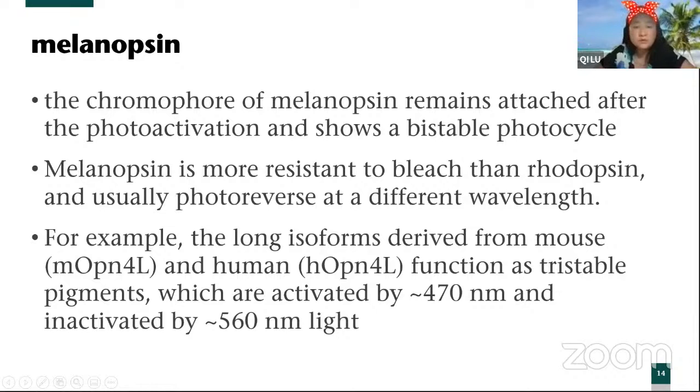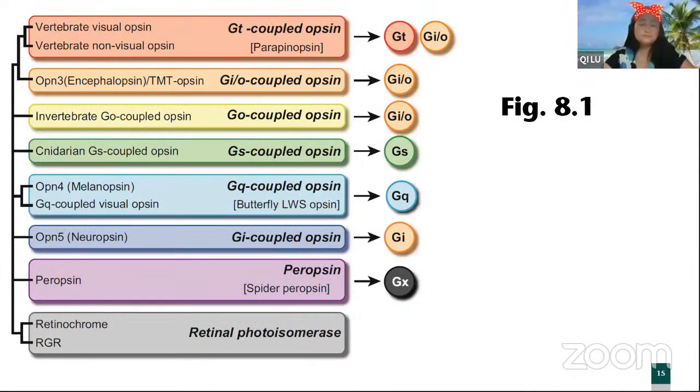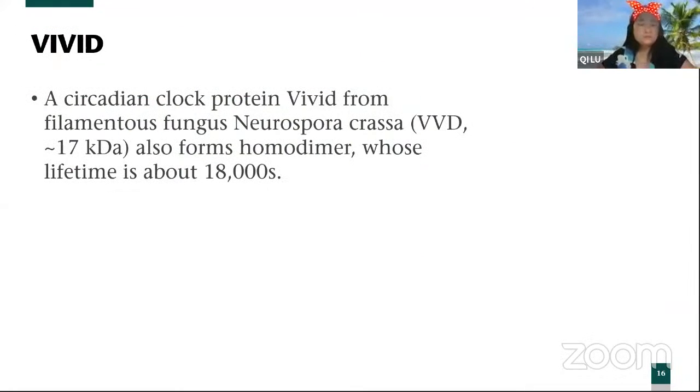For example, the longer wavelength isoform derived from mouse and human functions as a tunable pigment, which is activated by blue light and inactivated by red light. These can activate different G proteins like Gt, Gi, Gs, Gq, and the pyropsins. And this image is from chapter 8.